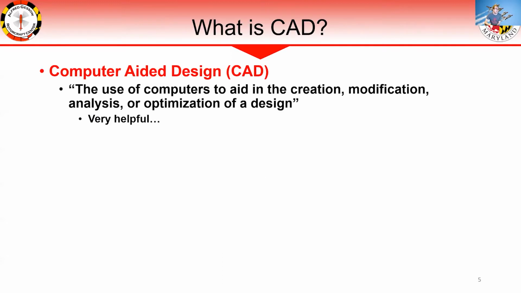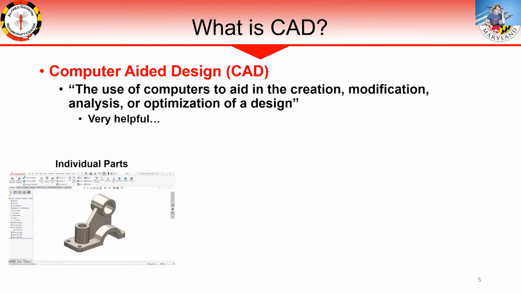So what is CAD? Well, I pulled the definition from Wikipedia: the use of computers to aid in creation, modification, analysis, or optimization of a design. That's very helpful. Computers designing something, it's in the name. But we can think about CAD as the ability to create individual parts within the computer, and these parts are represented by solid bodies or meshes that we create through different operations, either extruding a part into the third dimension and then adding additional extrusions, or lofting between two different planes.